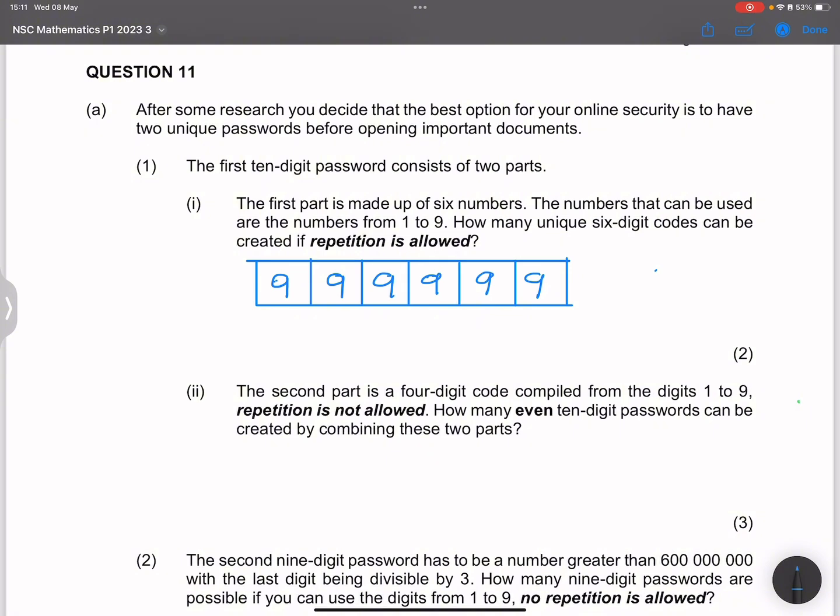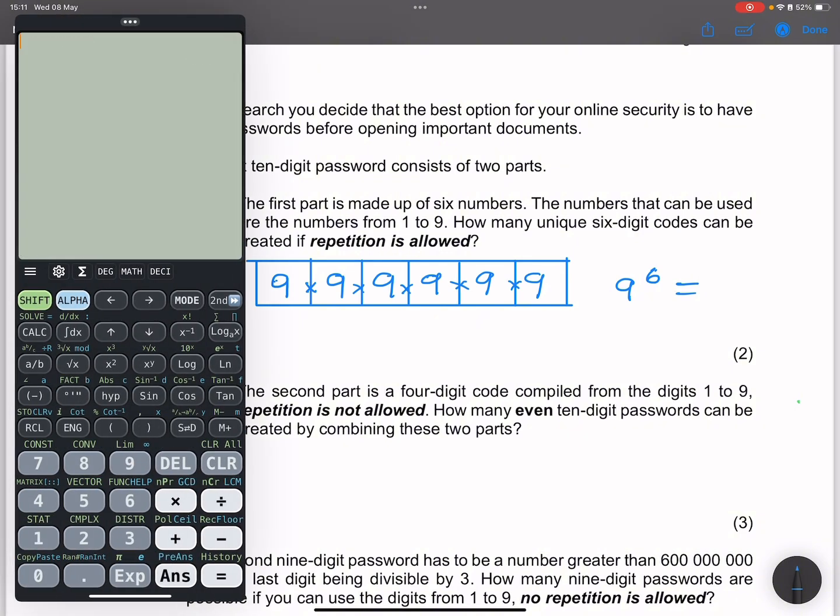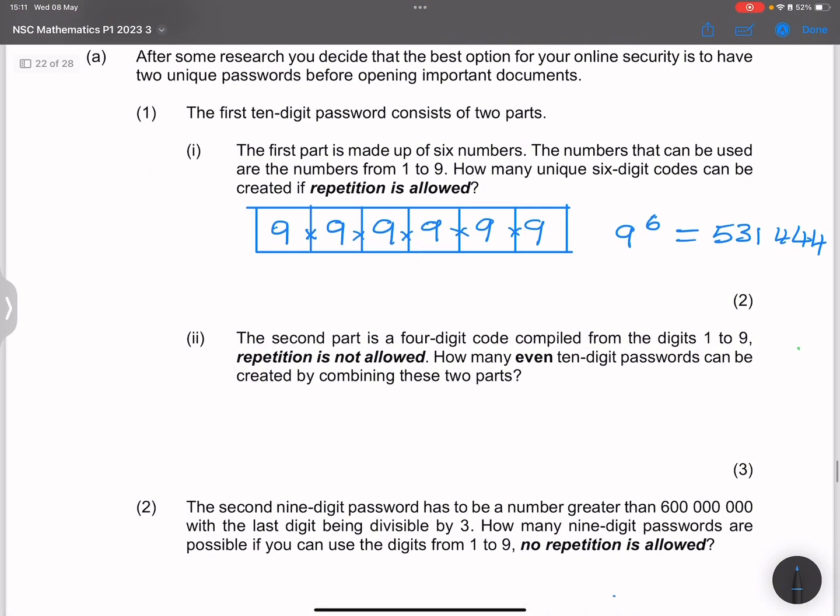So the number of unique codes I can create will be 9 raised to the power 6, which is 531,441. That's the number of unique codes that I can create.